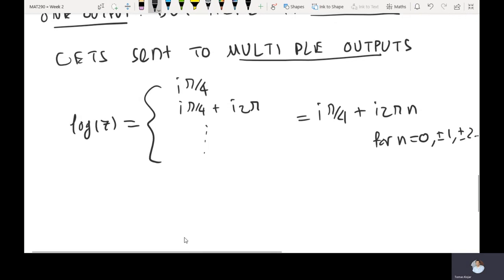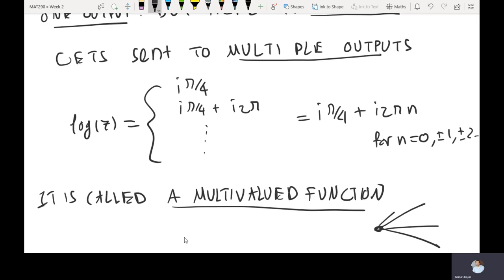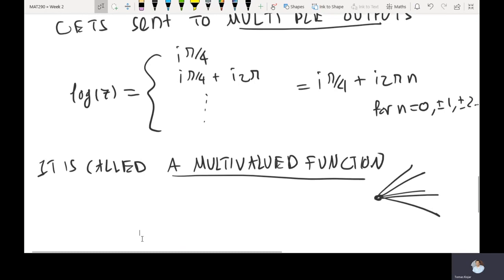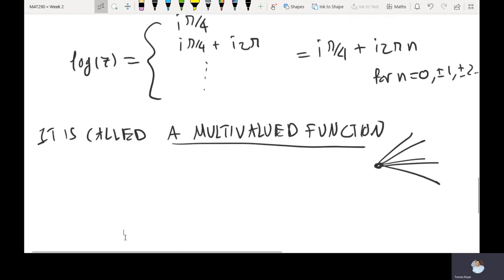This is called a multi-valued function. And this is very common in complex numbers. Okay, so one input gets sent to many outputs. And we will mention how to get around this problem. But first, I want to do a few examples.